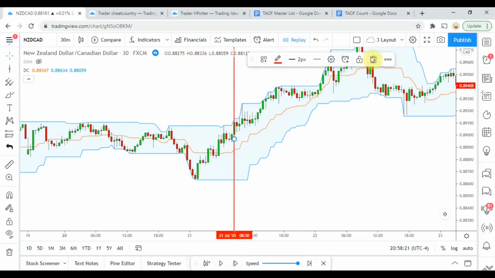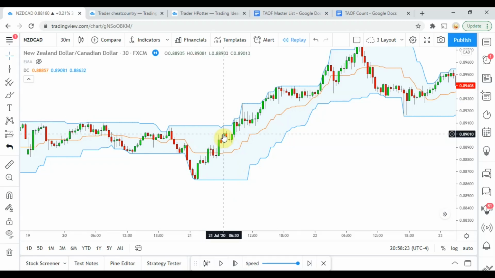If we take a step back, you can see that it dips down for a moment and then pops back up right there, making a higher high. At that point, that would be an entry to go long.